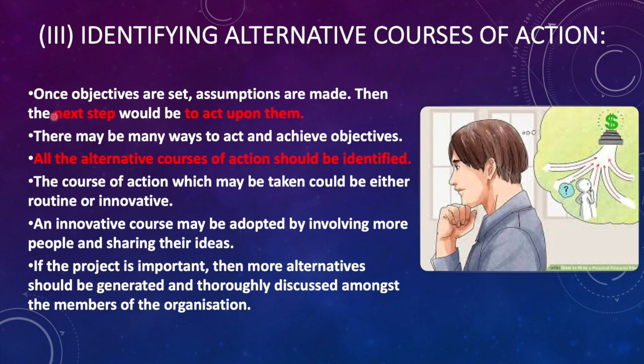So the next step is what? To act upon them. When you have done the assumptions, now you need to act upon them. There may be many ways to act and achieve that objective. So we need to decide those alternative courses of action. We need to identify them and make a list of the courses of action which we can take.